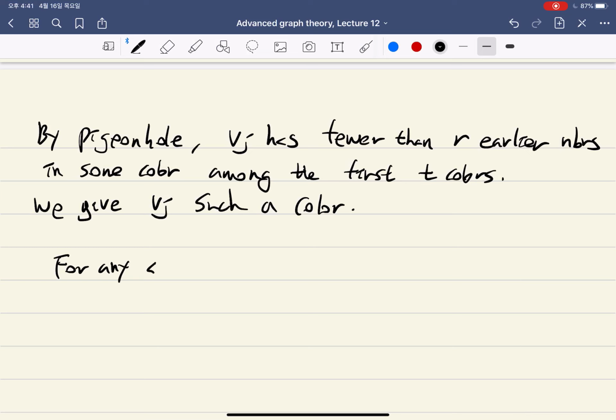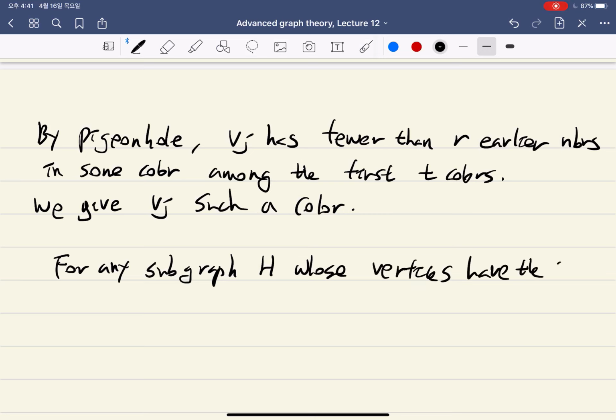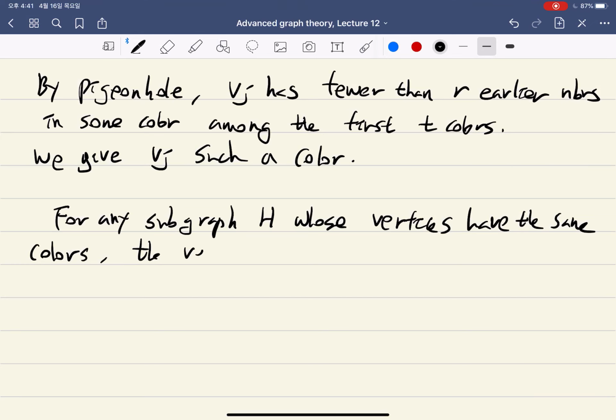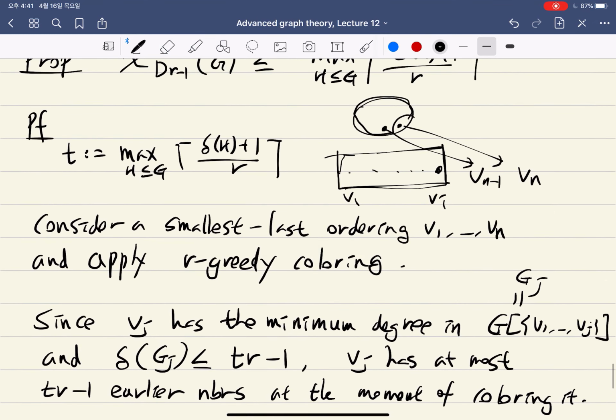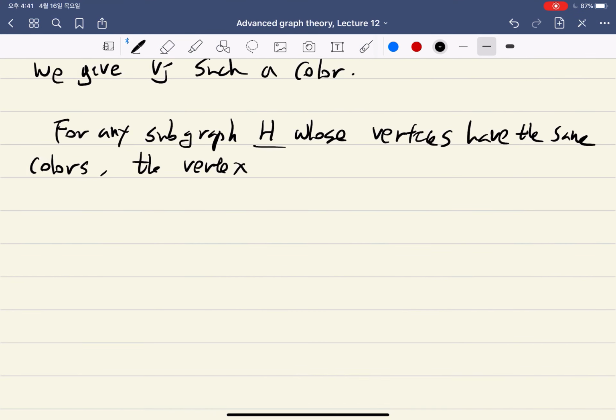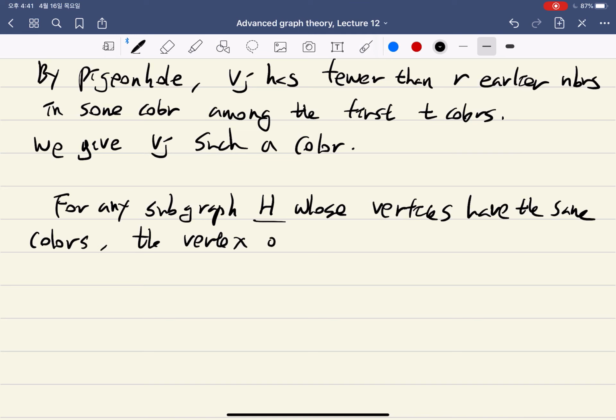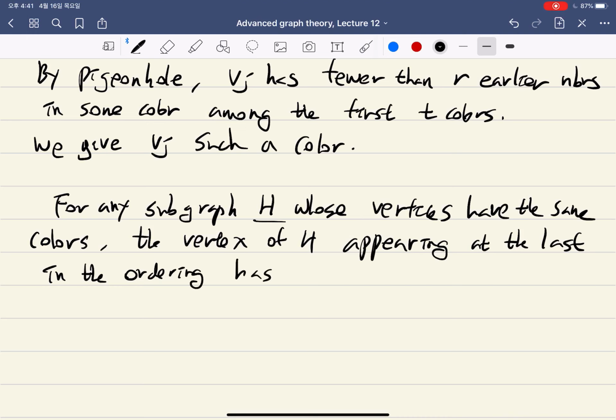Then for any subgraph H whose vertices have the same color, the above ordering induces a natural ordering on the vertices of H. The vertex of H appearing last in the ordering has at most r minus 1 neighbors in H with the same color.